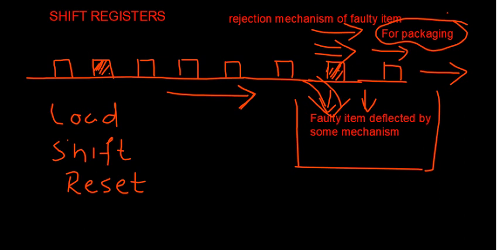So here when we speak about using the shift registers, first you should try to understand what exactly your requirements are. You may need some input to identify the elements which are moving here. Element means it could be a healthy element or a faulty element.